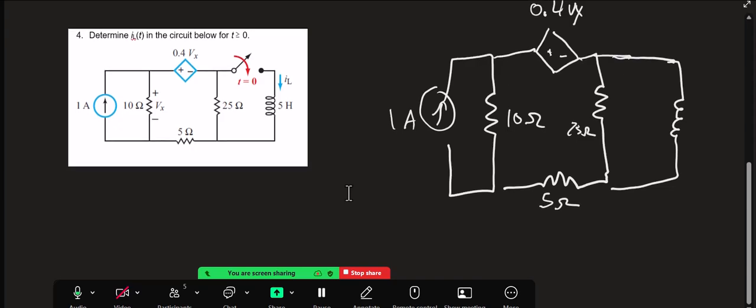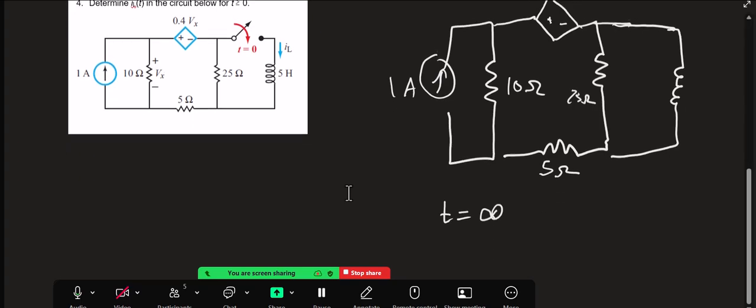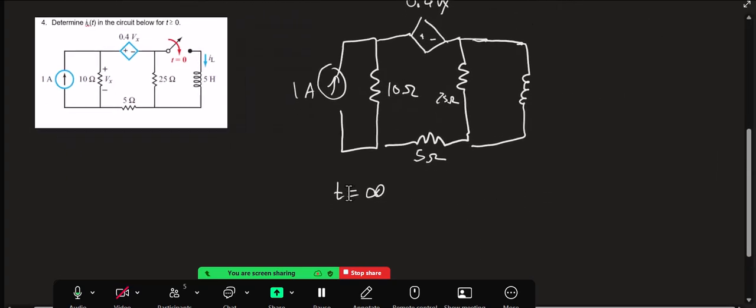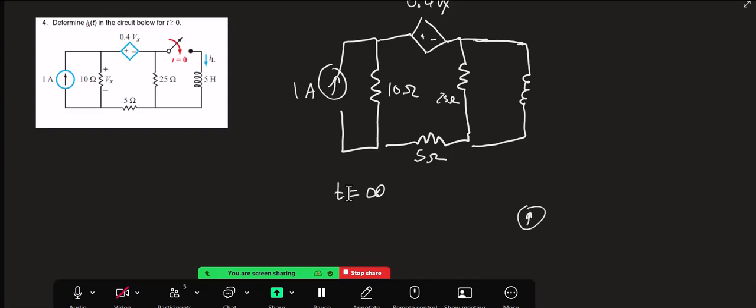And now let's look at t equals infinity. So at t equals infinity, what is the inductor going to do? What does an inductor do after a long time? It acts like a wire.